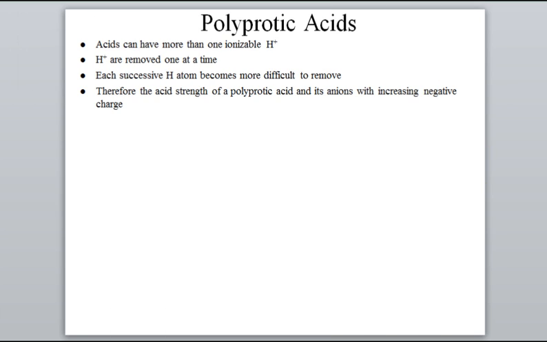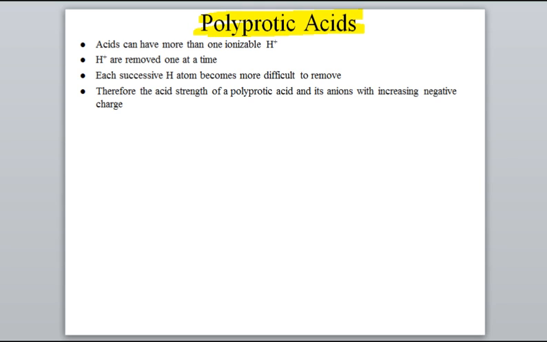Up until now, we've only presented acids in this chapter with one relatively weak bond. There are many acids that have 2, 3, or more relatively weak bonds. If an acid has 2 or more relatively weak bonds, it's called a polyprotic acid.